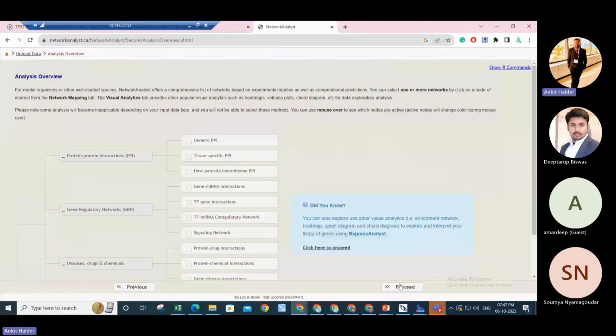You can see generic PPI, tissue-specific PPI, host-parasite or microbiome-based PPI. This is NetworkAnalyst: TF-gene, signaling networks, protein-drug. So let us look into the generic PPI only.